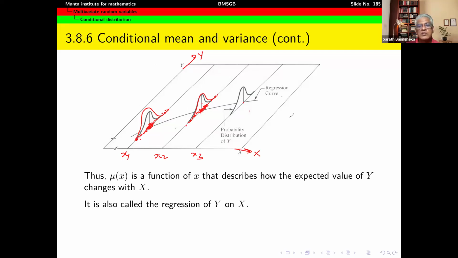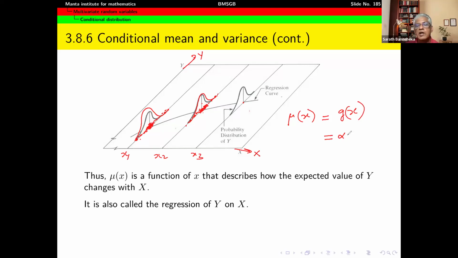So the question is, we want to find out a relationship between mu x and x. We may be able to write this mu x as some function of x.